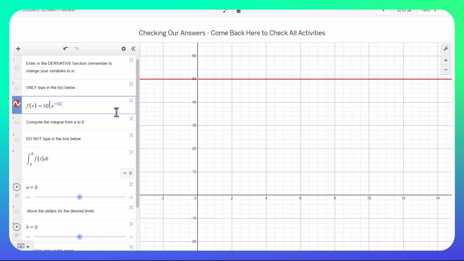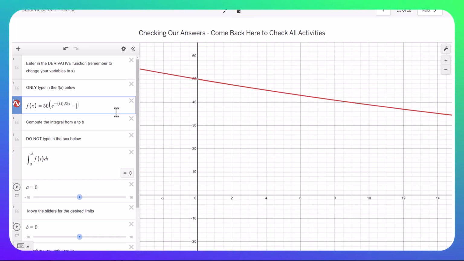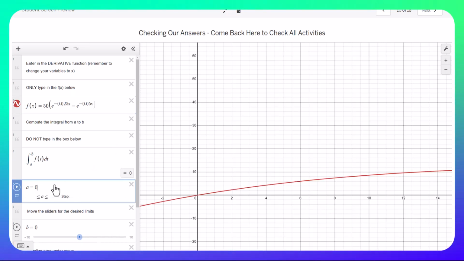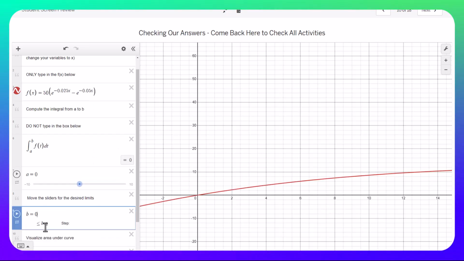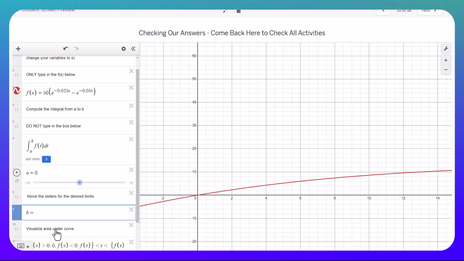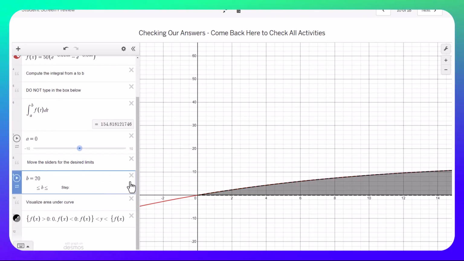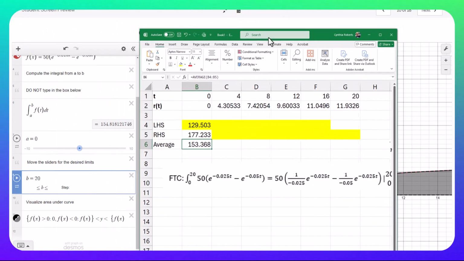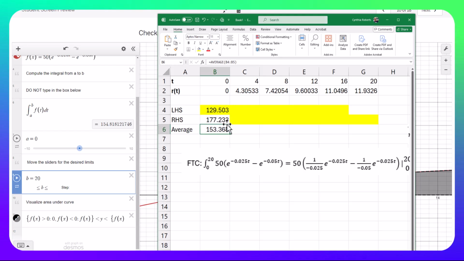Negative 0.025x minus e raised to the negative 0.05x. What do I need to change here? My A was 0, my B, I believe, was 20, and I get 154. Compare. Ooh, that's pretty good. Mine came out pretty good, right?